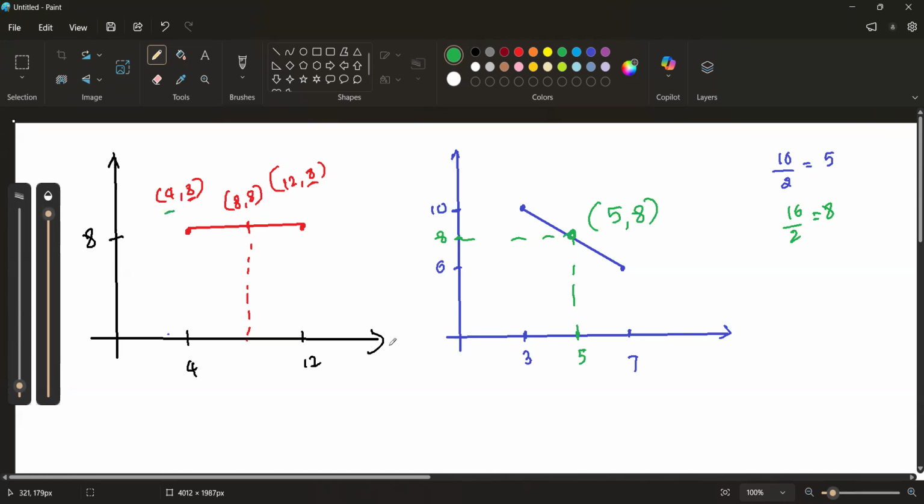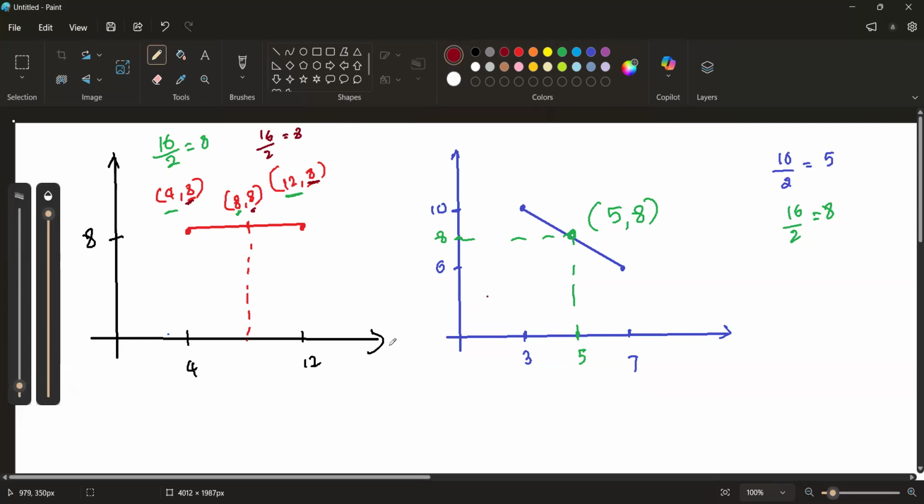How can I take it? You can add these two and divide by 2. Here, 4 plus 12, 16. 16 divided by 2, 8. You got that. Other value? 8 plus 8, 16. 16 divided by 2, 8. You got that one. Clear? Like that, you can find the middle point.